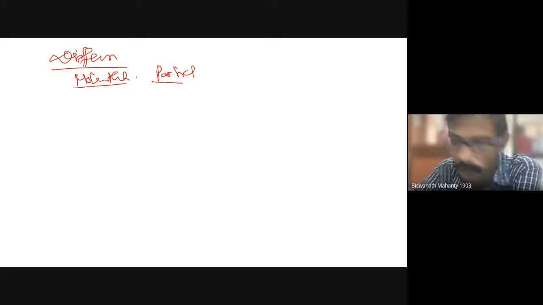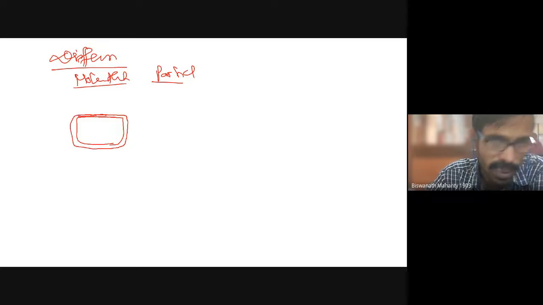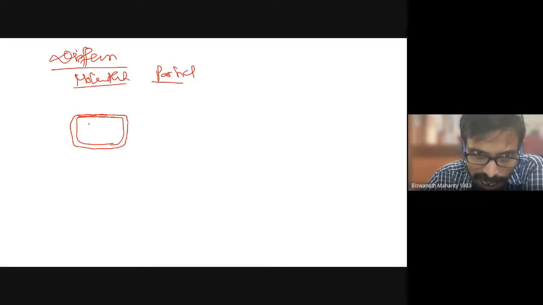Now, how are they different? Monolithic means this is your core. Drug molecules are there and only one outside polymer coat. That is monolithic. Granulated means it is not made up of powder, it is made up of granules.